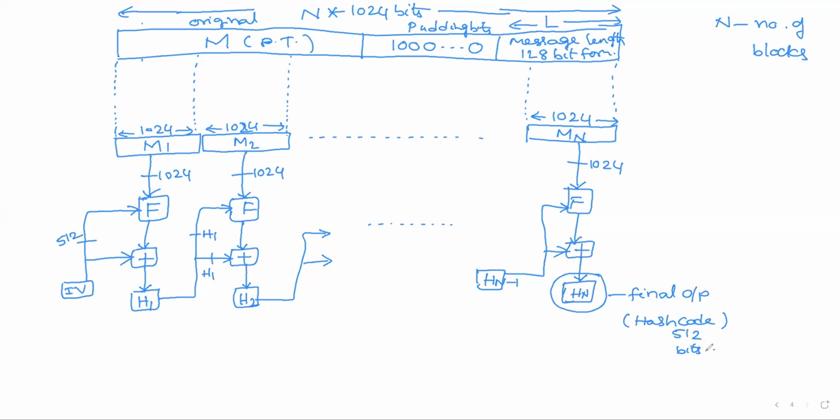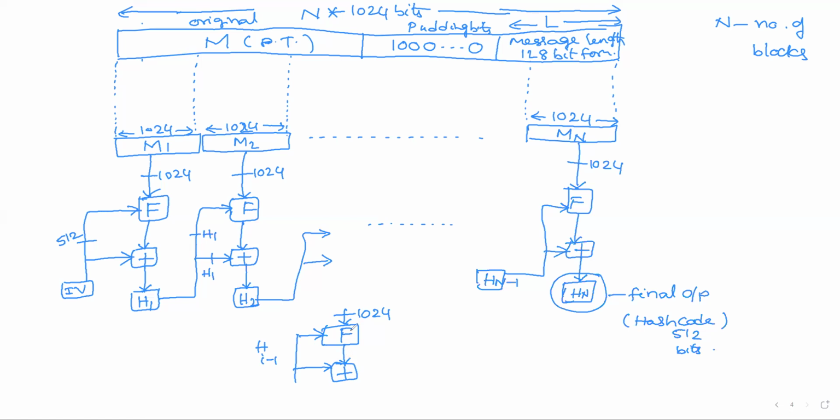So this is like a block diagram for you. In every block operation, you have one round function that takes the plain text block, which is of 1024 bit size, as one input, and the initial vector or the hash code of the previous round, that is Hi minus 1. This Hi minus 1 is also given as input for performing the addition modulo 2 power 64 operation.